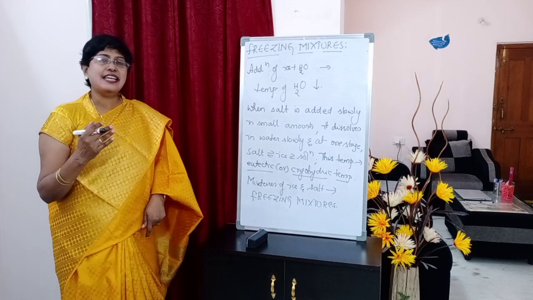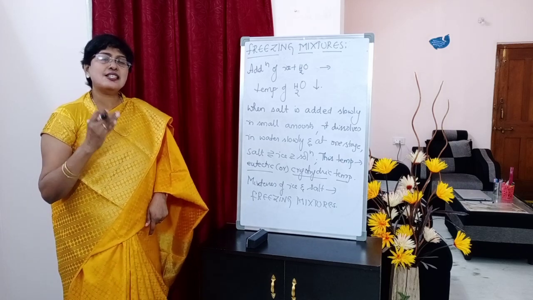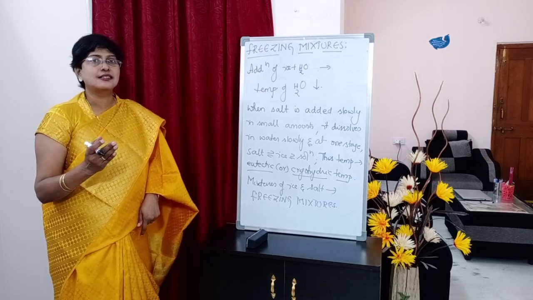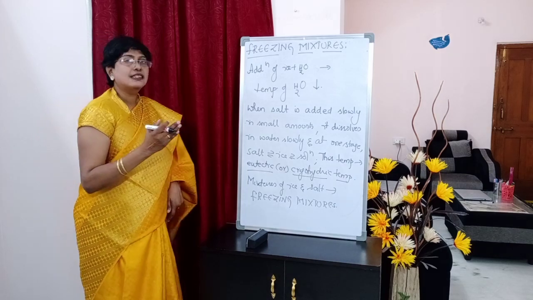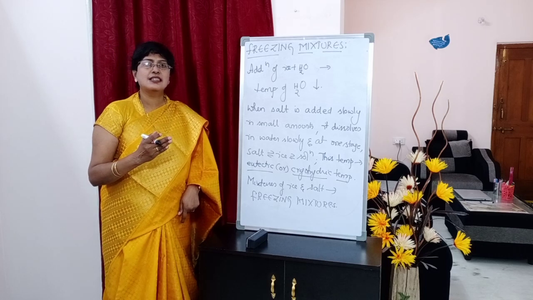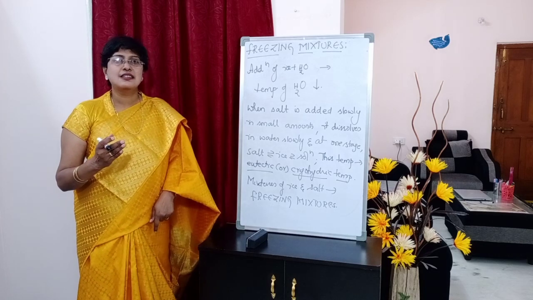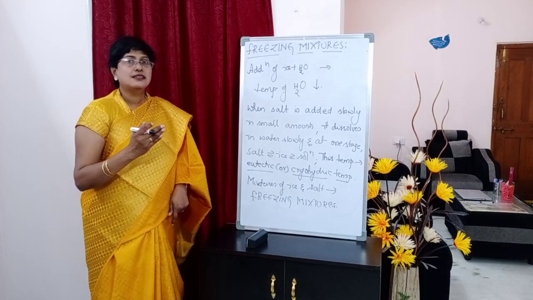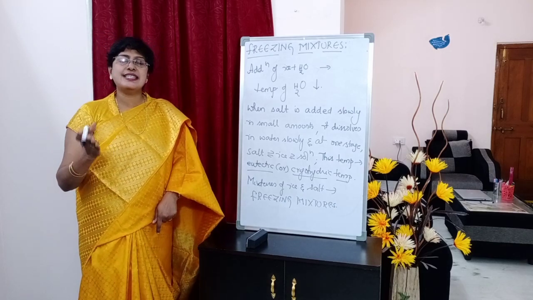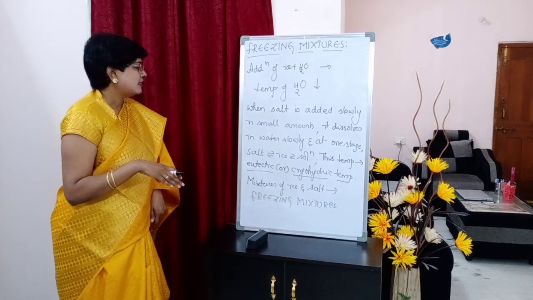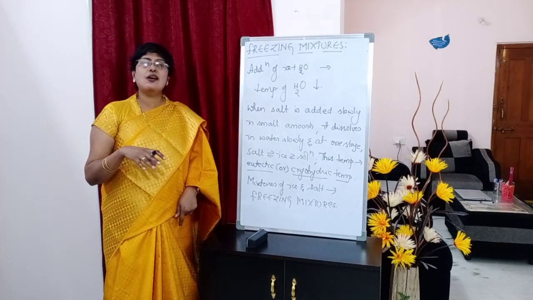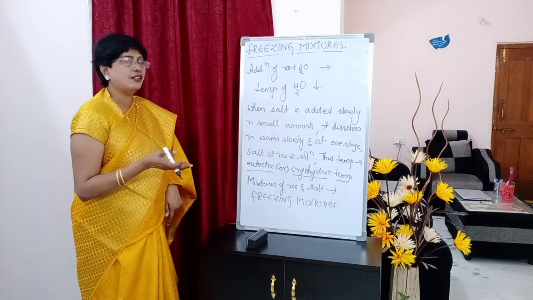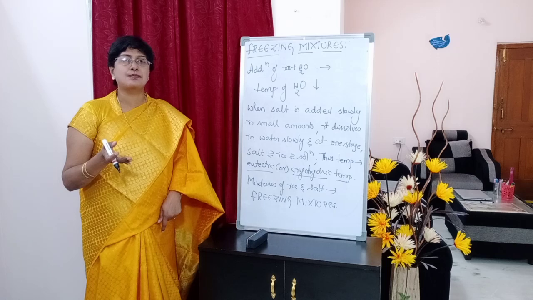And at one stage, ice, solution and salt exist in equilibrium with one another. Okay, and this temperature, or the temperature at this point, is called as eutectic or cryohydrate temperature. Eutectic or cryohydrate temperature. Full stop.